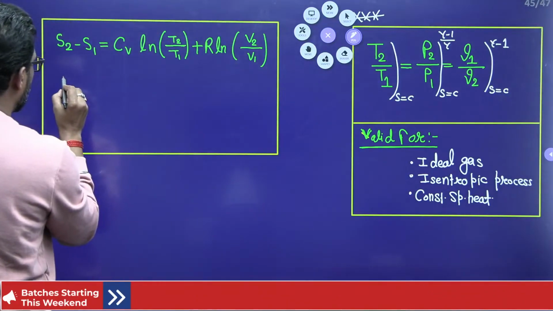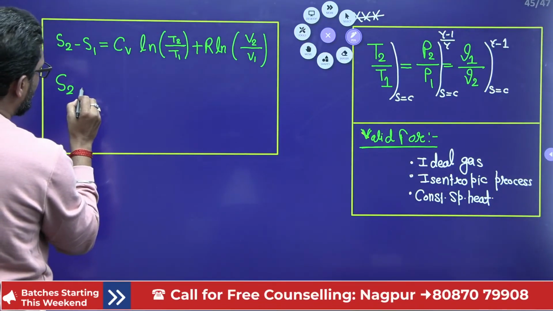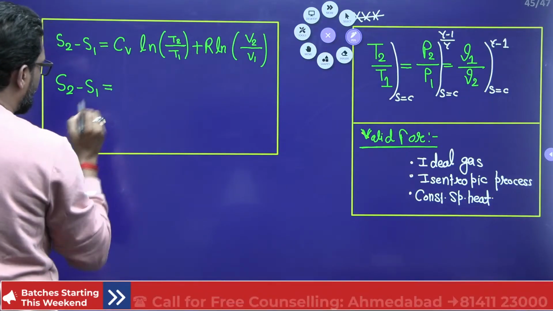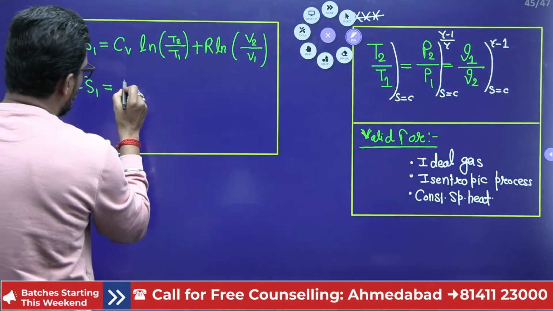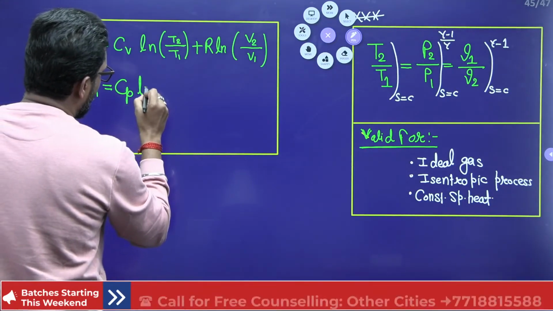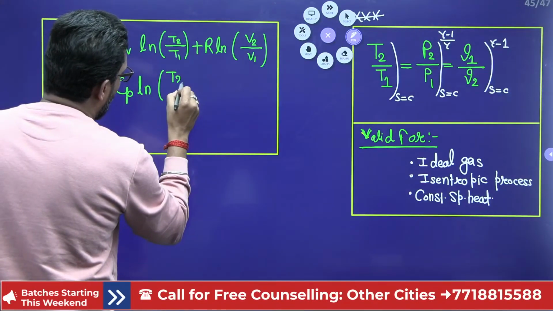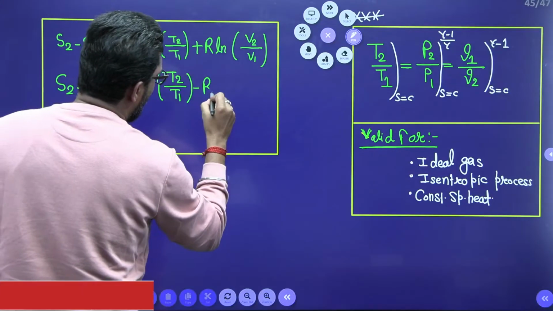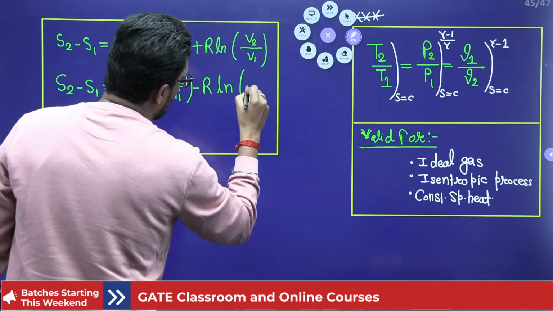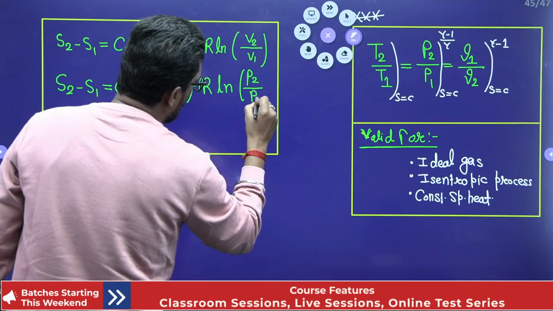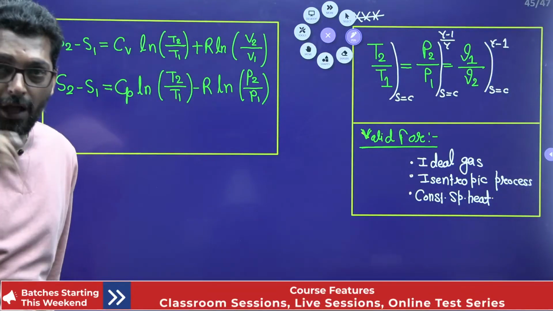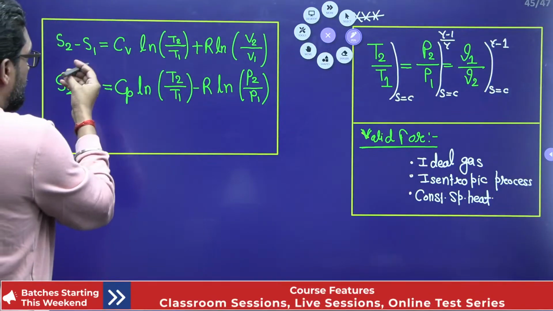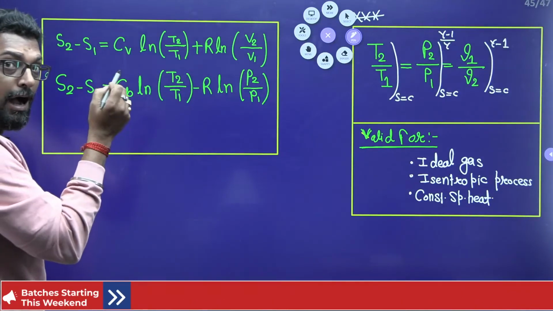Second relation: S2 minus S1 we can write in the form of Cp, so S2 minus S1 equals Cp Ln T2 by T1 minus R Ln P2 by P1. Now beta, how to remember this equation?